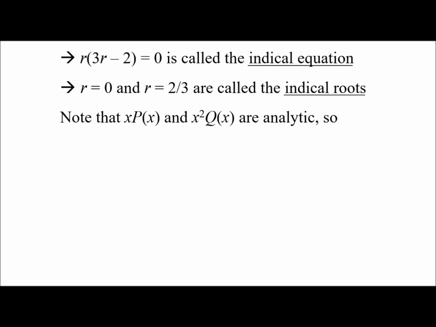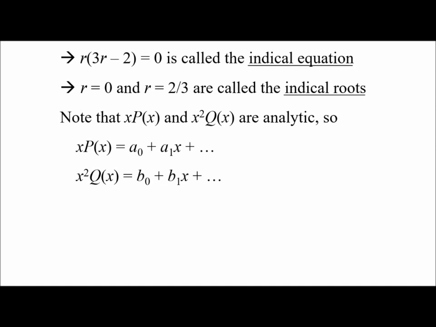And likewise, if x is at the bottom of q at most twice, that means x squared times q, now there's no more x's on the bottom. And so that means that these new functions, x p of x and x squared q of x, neither of them have zeros on the bottom of the fractions. And so they're both analytic, which means both of them can be written as a power series. x times p of x is some power series, x squared times q of x is some power series.